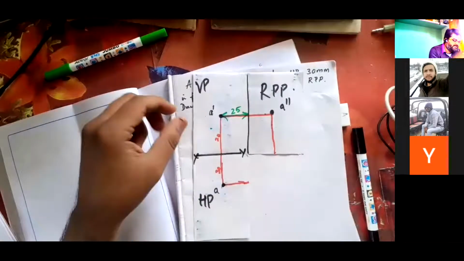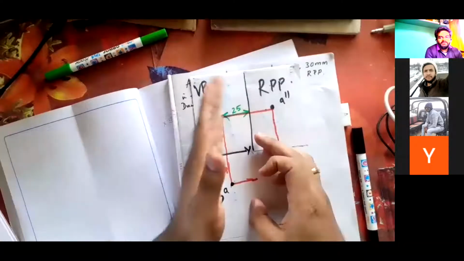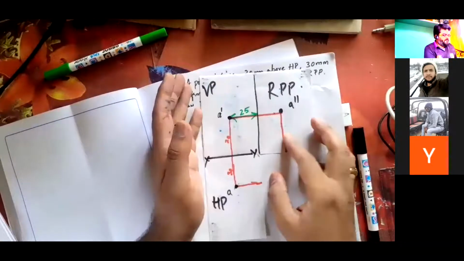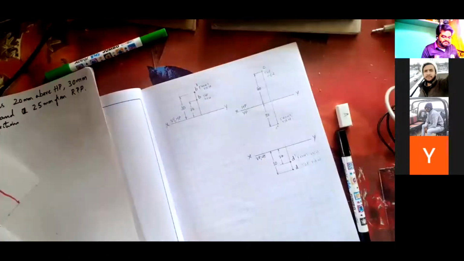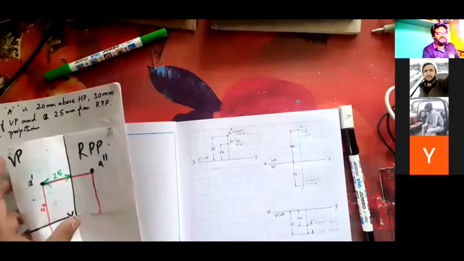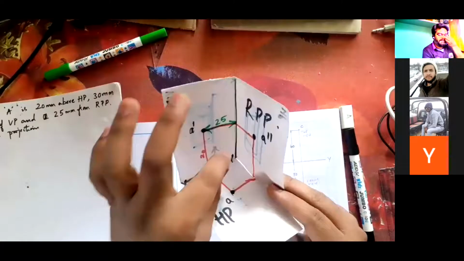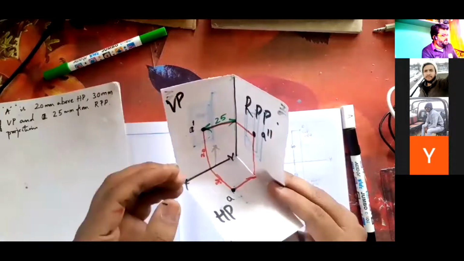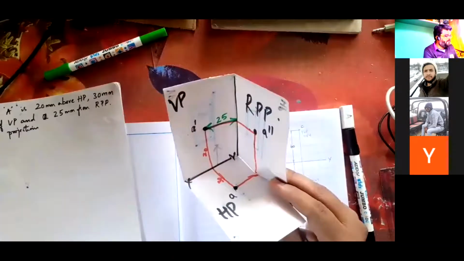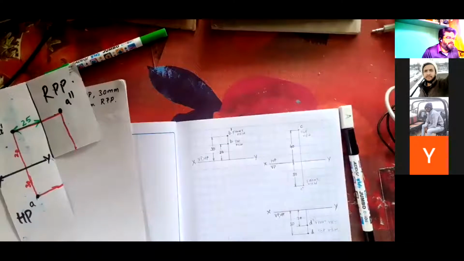So first let us complete these views and then go to the right profile plane view, which is nothing but the left side view in the first quadrant. In this first quadrant, I am seeing this object somewhere here from the left and projecting it on the right profile plane. Imagine you're sitting in a classroom. In front of you, the board is the vertical plane, and there is the horizontal plane. The right side wall is the right profile plane.